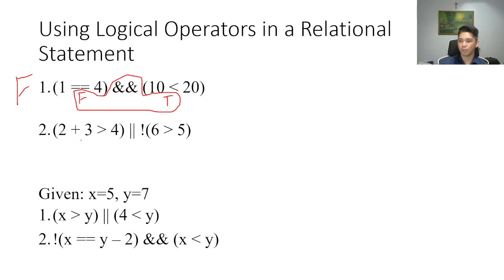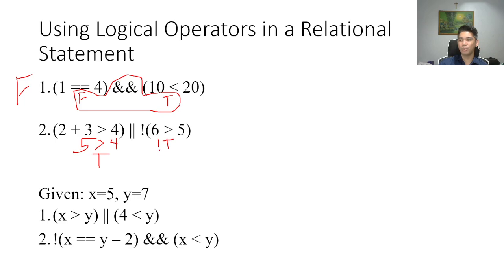Number 2, 2 plus 3 greater than 4. So 5 greater than 4, that is true. On the right side, 6 greater than 5. This one is true. However, there is a negation, so it will become not true.